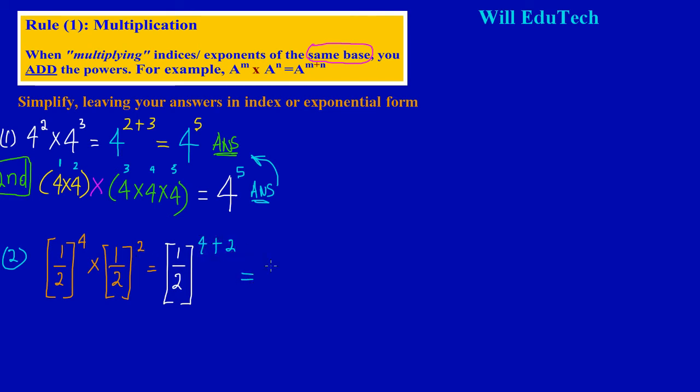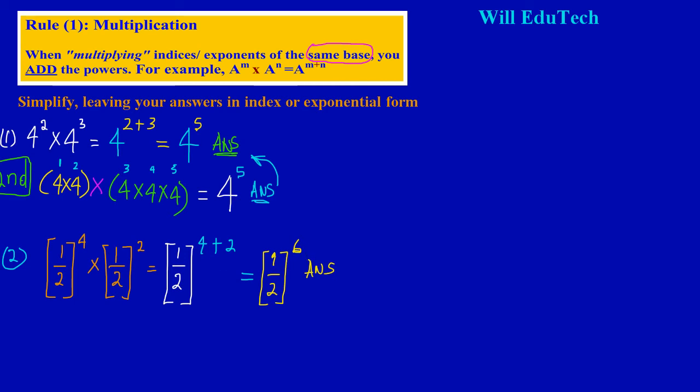So this is equal to, my common base is a half, so I'm going to rewrite 1 upon 2, that's the common base, okay? And then when you add the powers, 4 plus 2, that would give you 6. So this would be my answer, okay? A half raised to the 6th power.